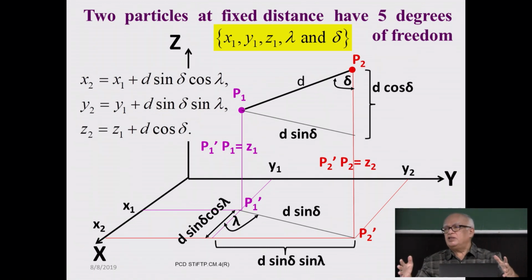Where in this 3-dimensional space can you put a third particle so that it has a constant distance from P1, which means that it can be anywhere on the surface of a sphere centered at P1 at that constant distance, but it should also have a constant distance from P2, which means that it should also be on the surface of a sphere which has its center at P2 and whose radius is that constant distance. In other words, it will have to be on the intersection of these 2 spheres.